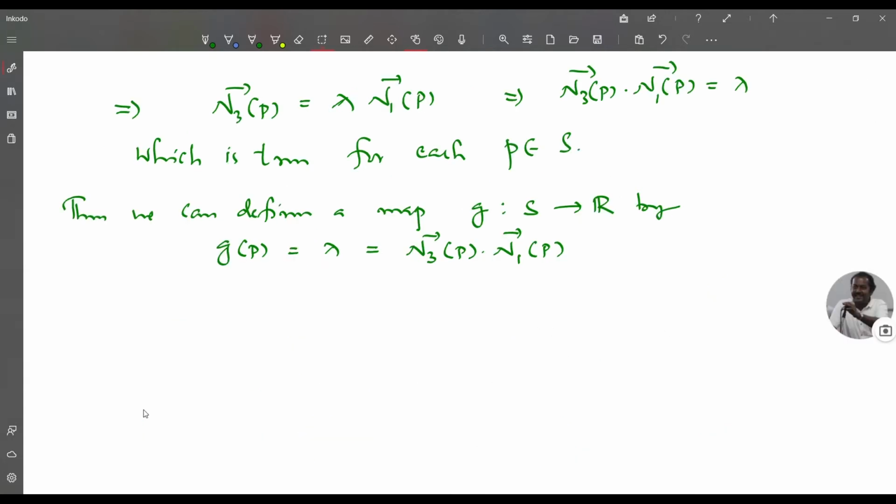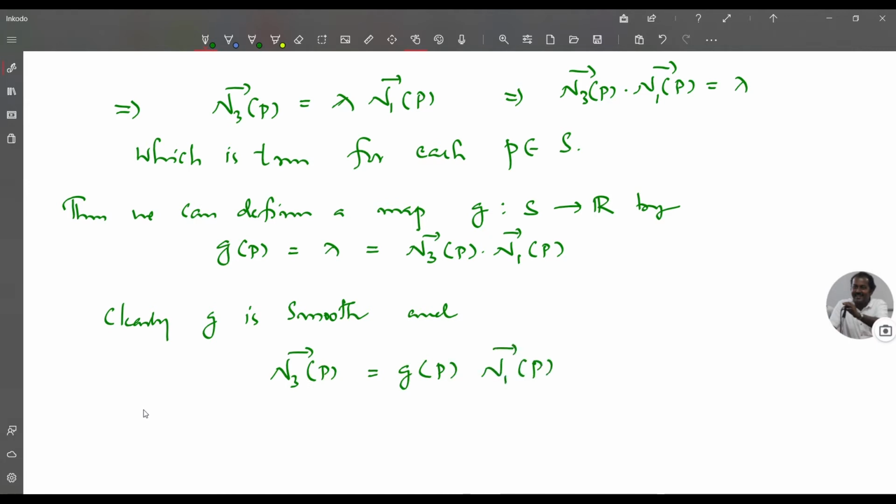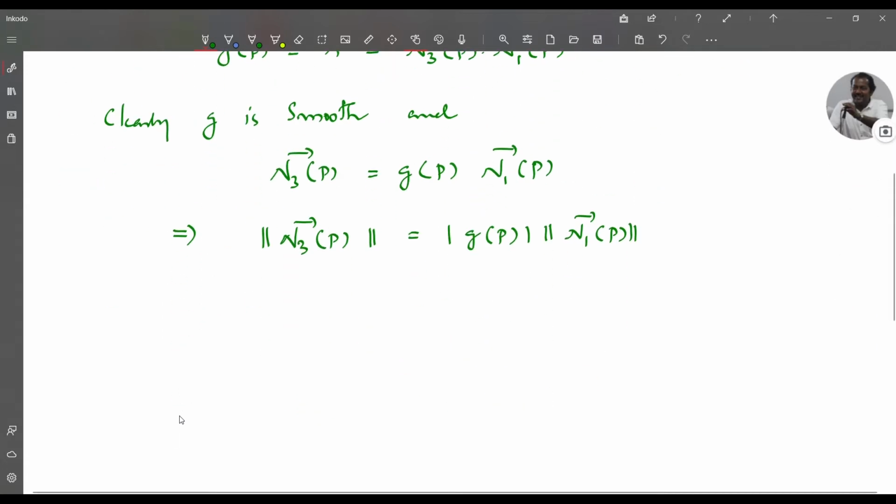Clearly, G is smooth and N3 of P is equal to G of P times N1 of P. Now this implies norm of N3 of P is equal to modulus of G of P times norm of N1 of P. You know that norm of N3 of P is 1.